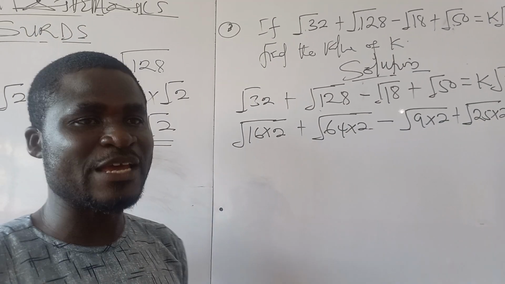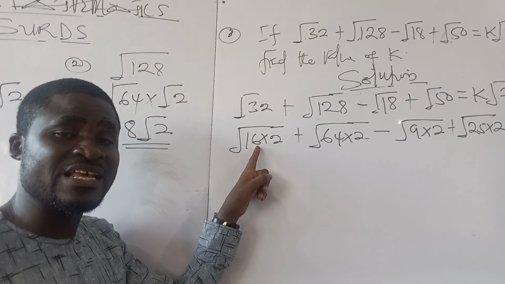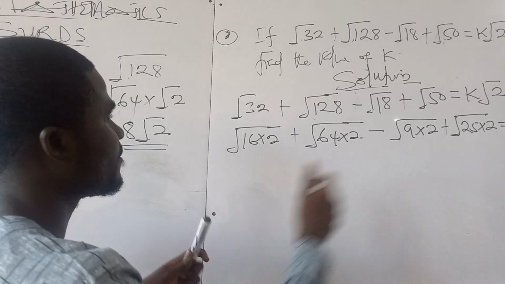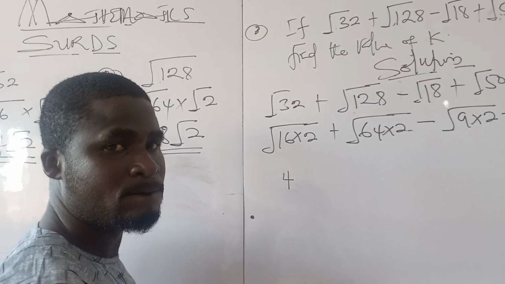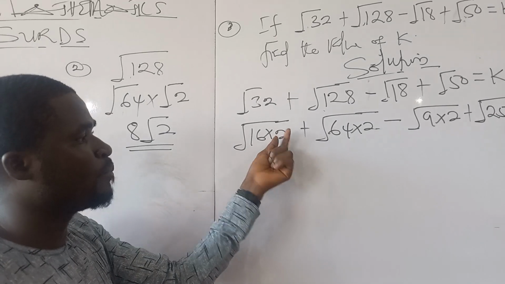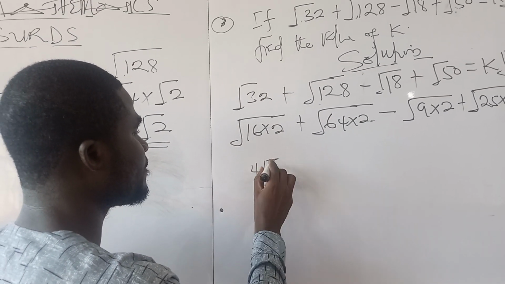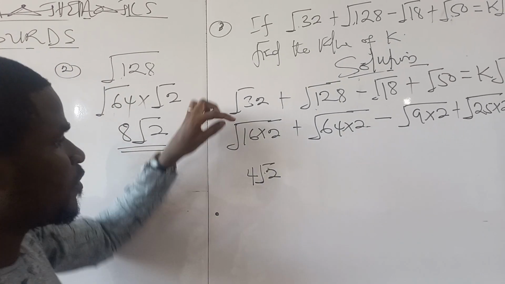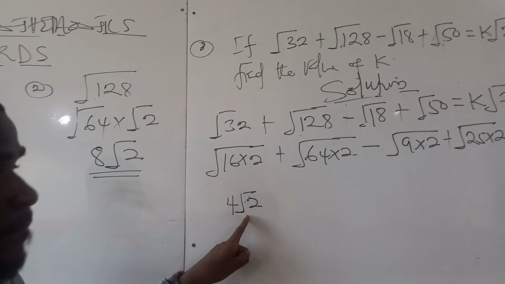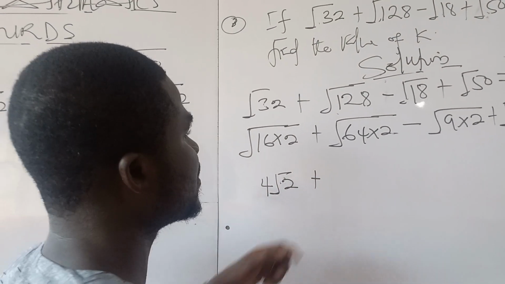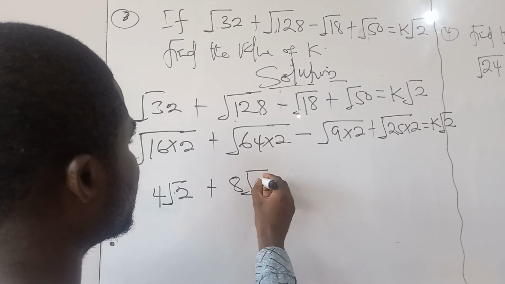Now let's look at the second step. You square the 16, which will give us an exact value. So, square root of 16 will give us 4. Then you put the 2 in the square root. So, 4 root 2. Plus, square root of 64 will give us 8, so 8 root 2.